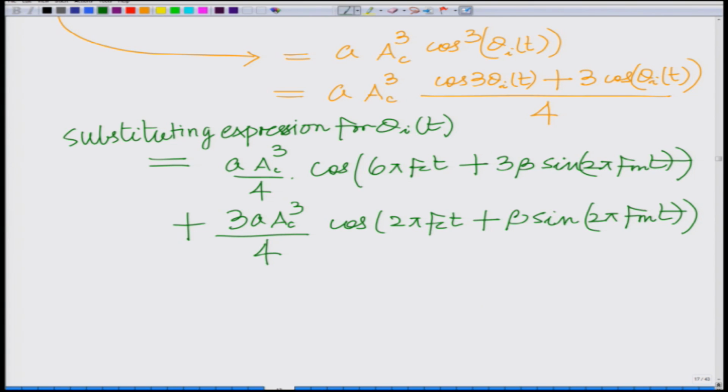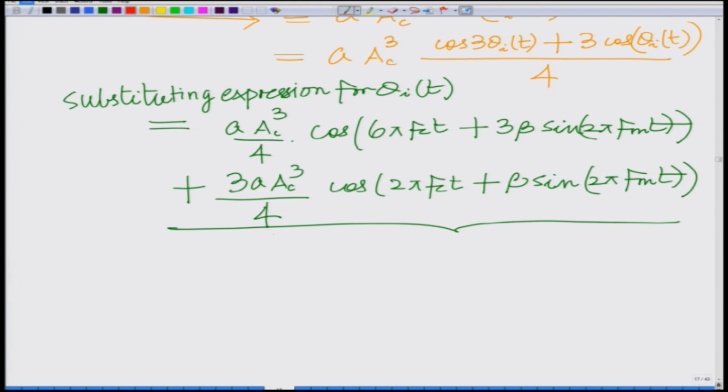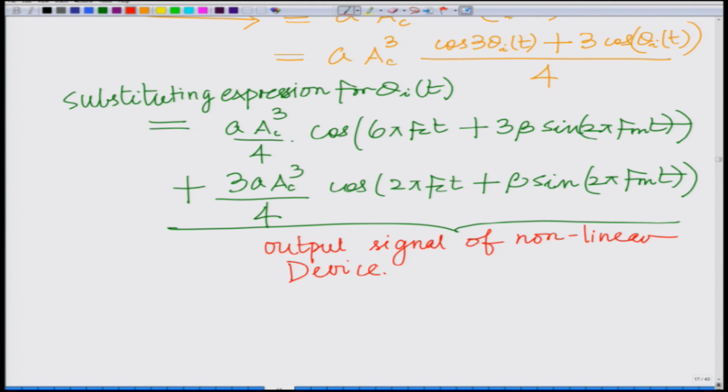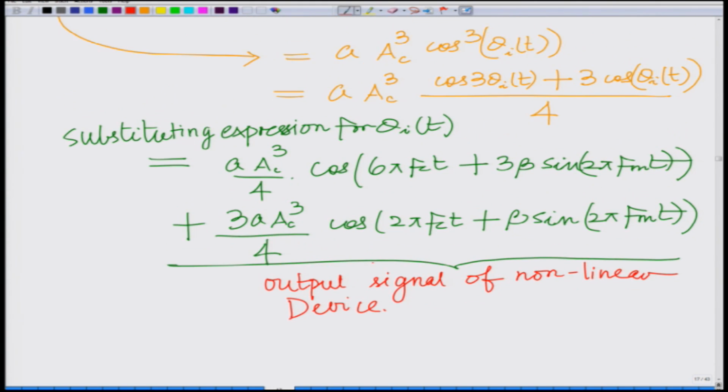So, this is the expression for the output signal of the nonlinear device.